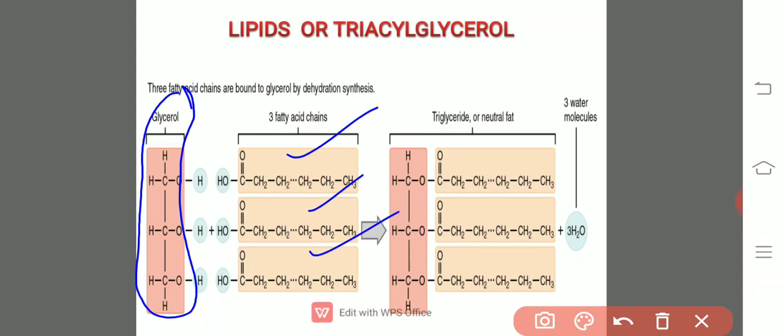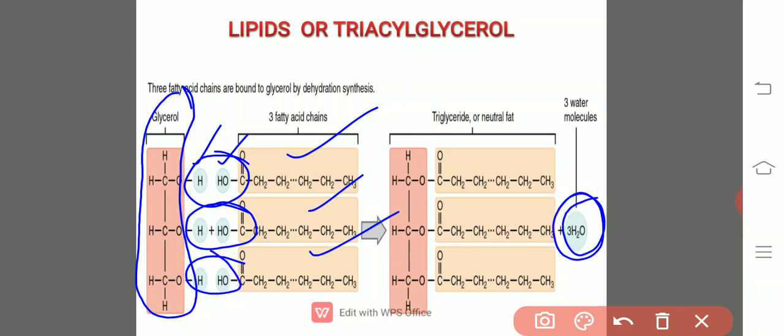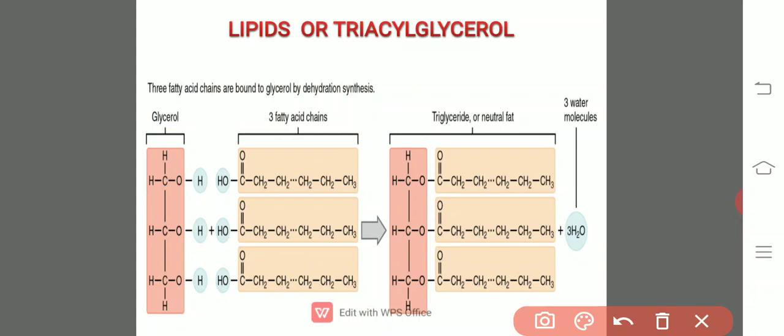Here H from the glycerol and OH from the fatty acids have been removed in the form of water molecules, 3 water molecules, and here we will see there is a formation of bonding between glycerol and the fatty acids through this CO bond. This is nothing but the ester bond, right?